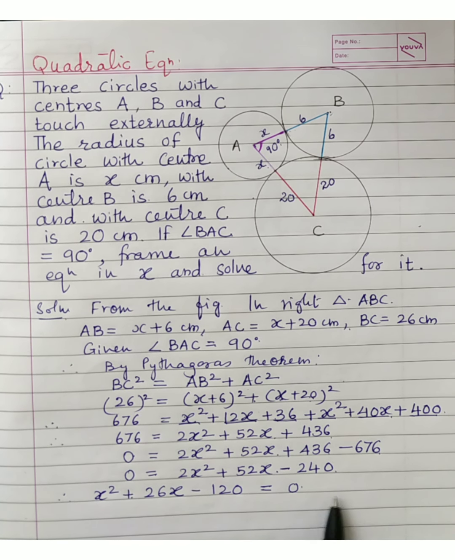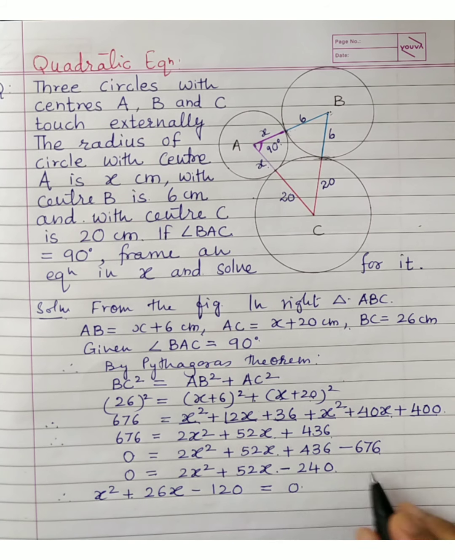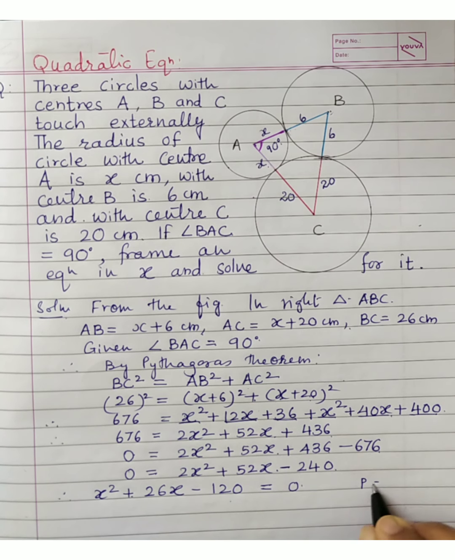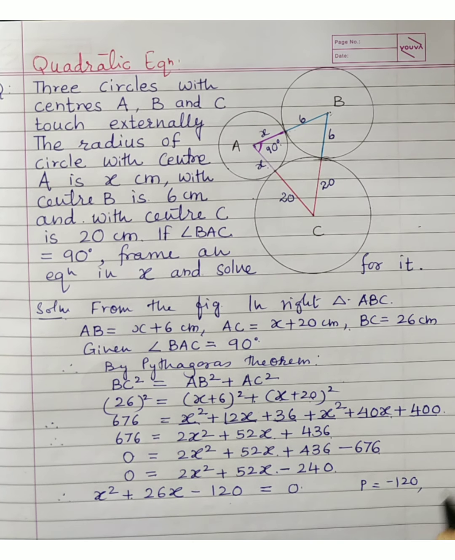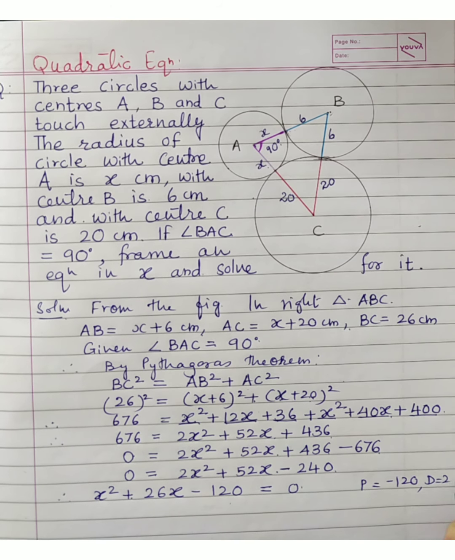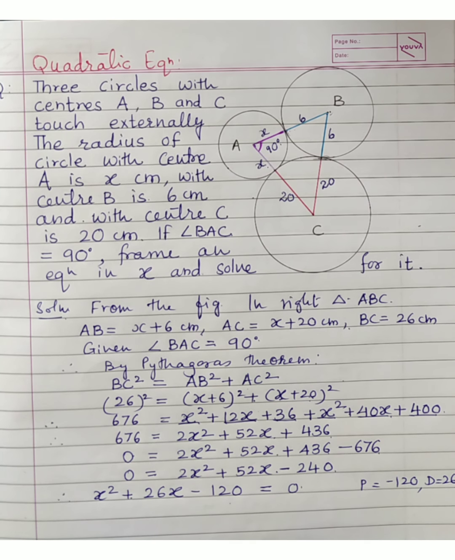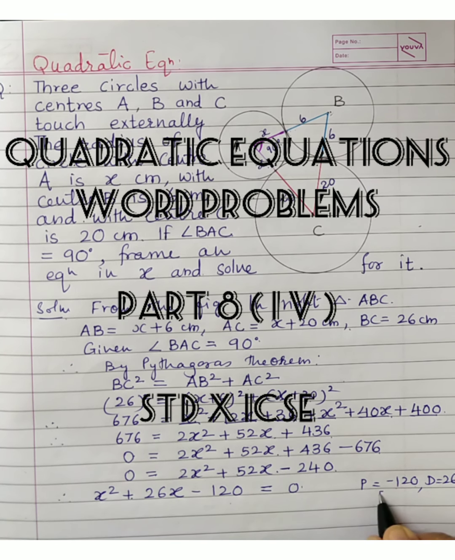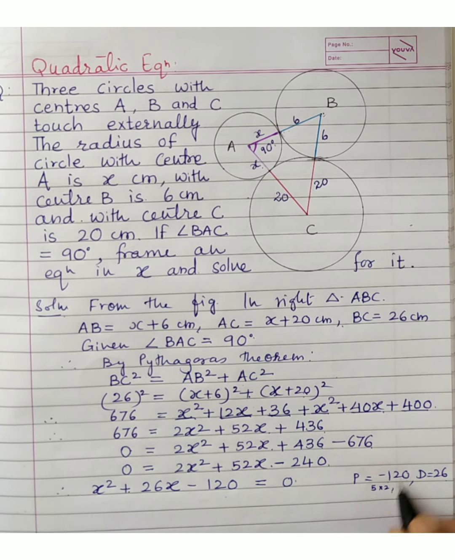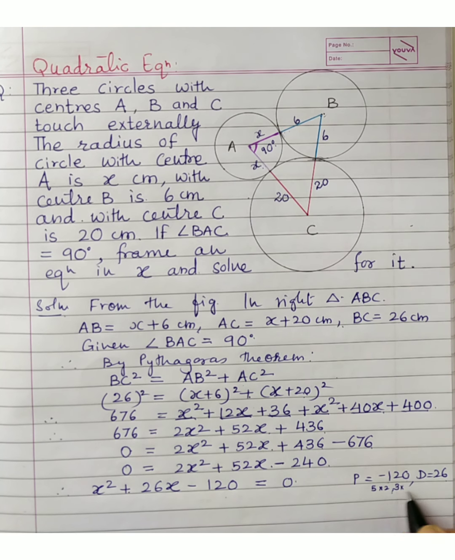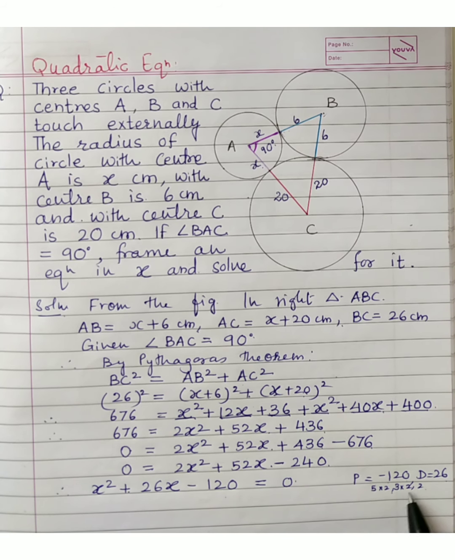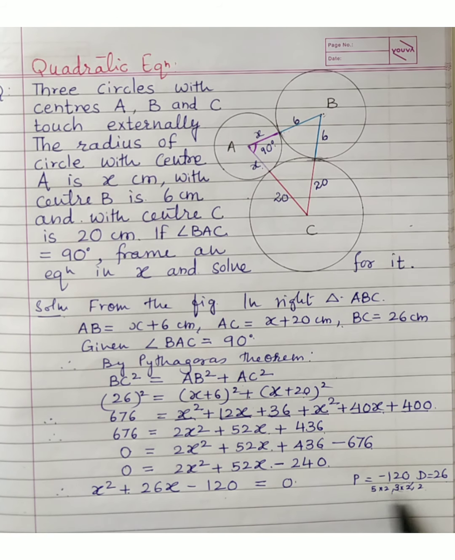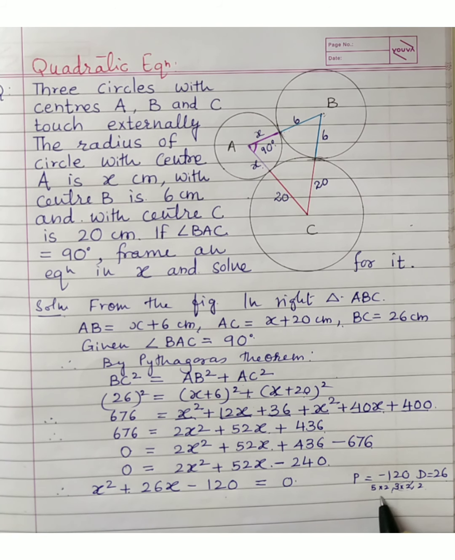You have reached the quadratic equation. Now work out the product minus 120, so you want the difference 26. If you factorize 120, 12 into 10, 10 can be written as 5 into 2, and 12 can be written as 3 into 4, that is 2 into 2. So 3 twos are 6, 5s are 30 and 4. The numbers are what?